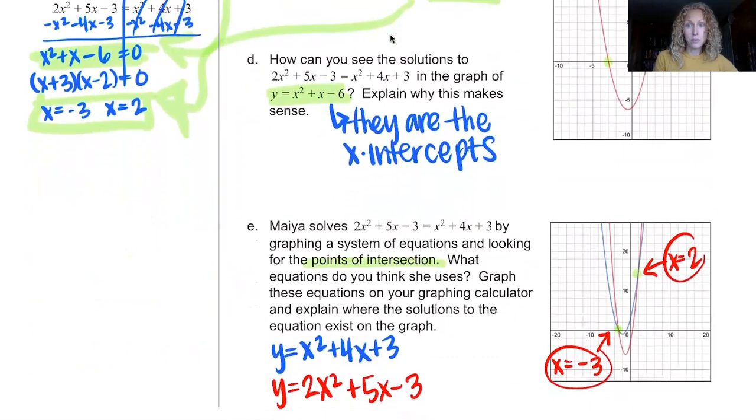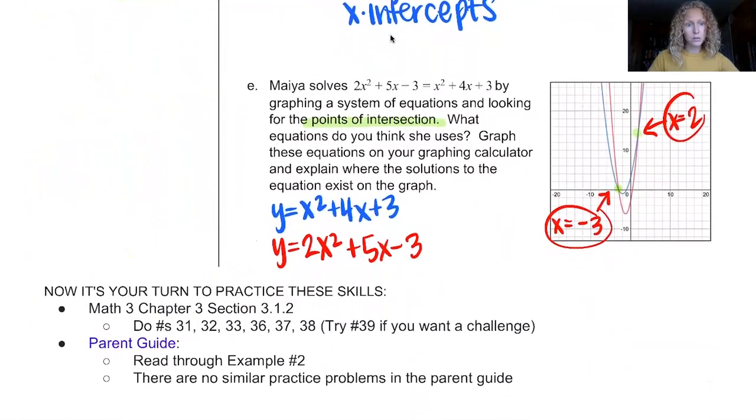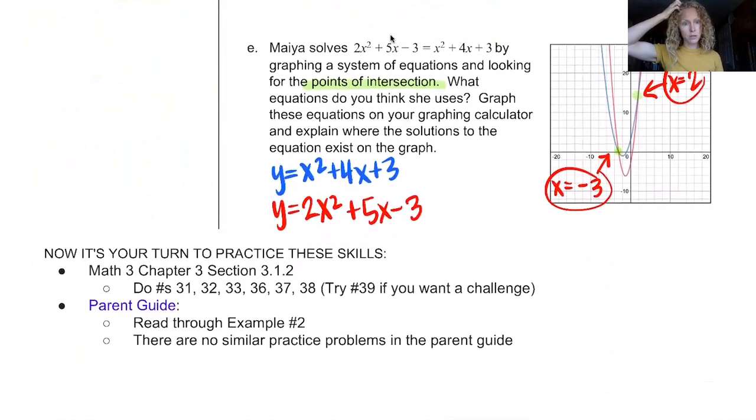That's it for these ones here. You have some practice you can do in the textbook, chapter 3, section 3.1.2. There's 1, 2, 3, 4, 5, 6 problems to do there. In the parent guide, there is an example to read through, but there aren't really any similar practice problems here in the parent guide.